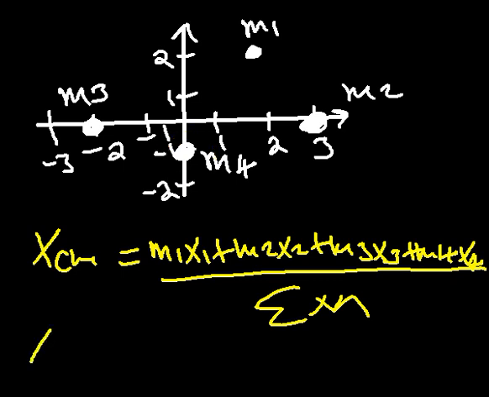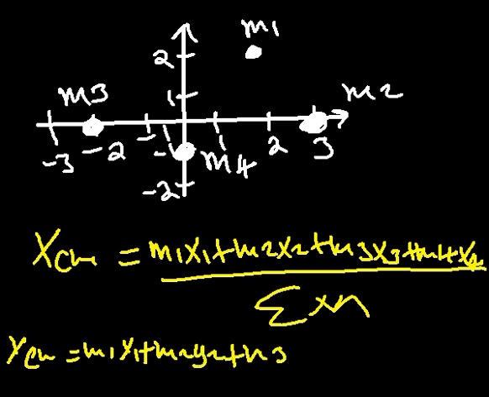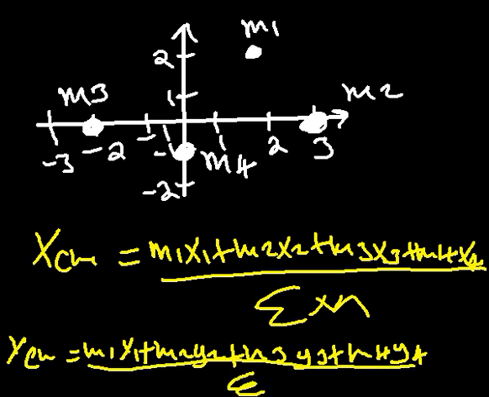And also we have the ycm, that will be given as m1 times y1 plus m2 y2 plus m3 y3 and plus m4 y4, in that way, and divide by the total masses.